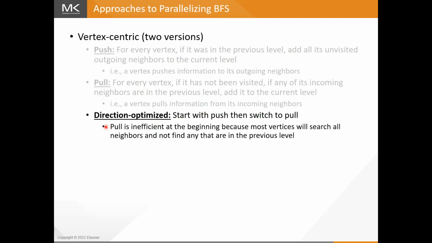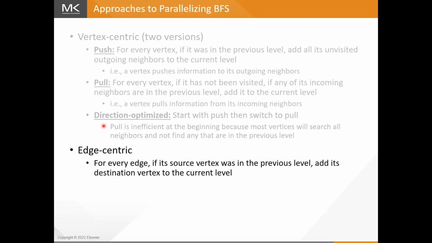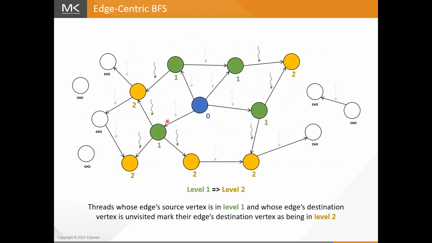So the direction optimized approach will start with the push approach and then switch to the pull approach. We also looked at the edge-centric case, and in the edge-centric, we assign a thread to every edge. And what that thread does is, if the source vertex is in the previous level and the destination vertex has not been visited, it will mark the destination vertex as being part of the current level.